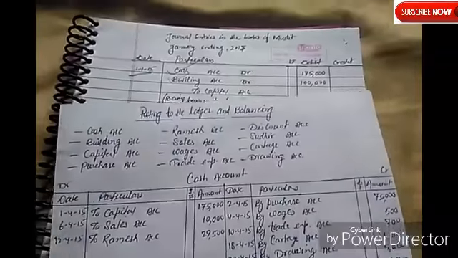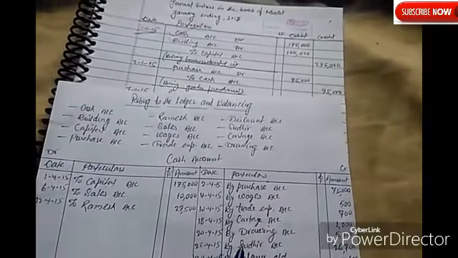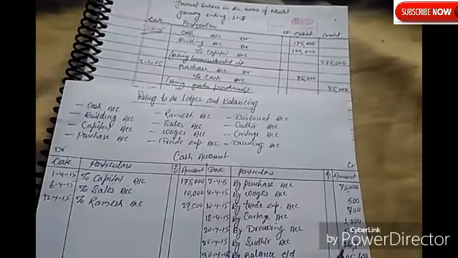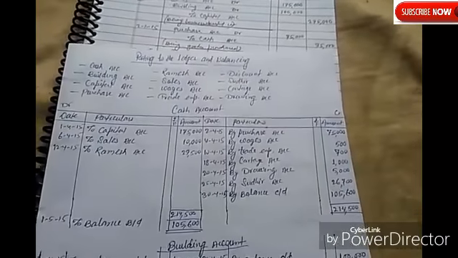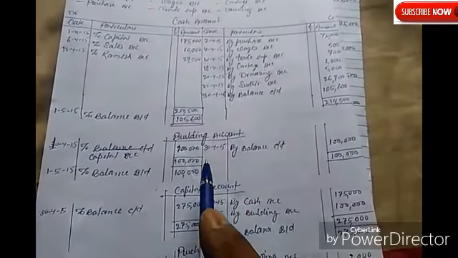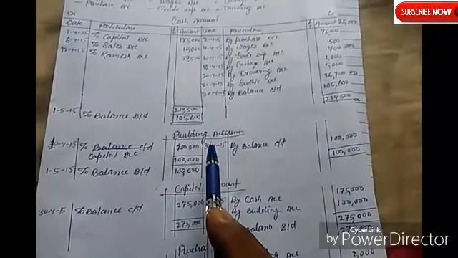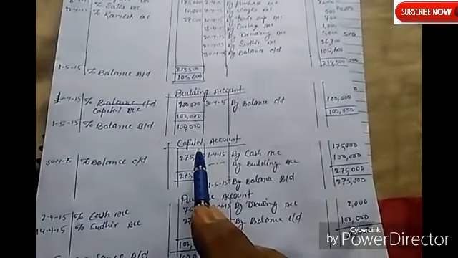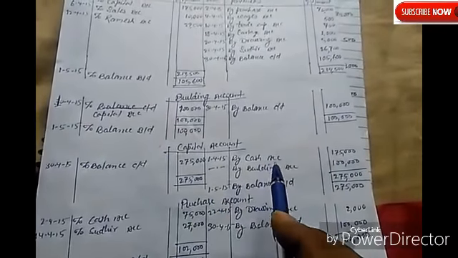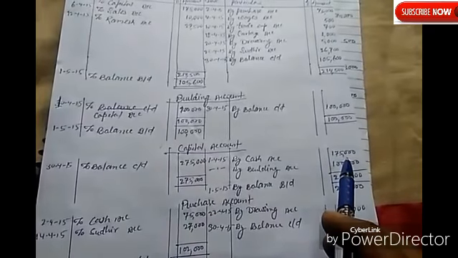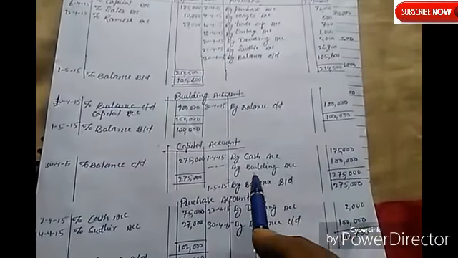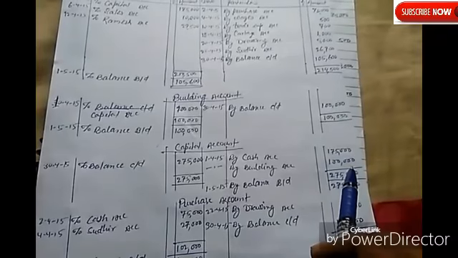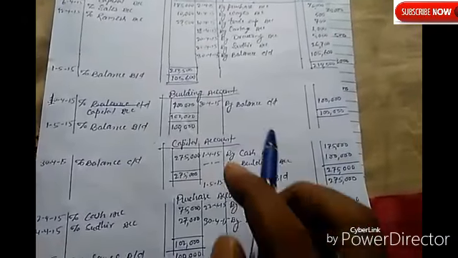Now see another journal entry, to capital. Capital is a credit side, so write the heading capital account here. Capital is a credit, so write by cash account 175,000 and by building account 100,000. So both these transactions are over.